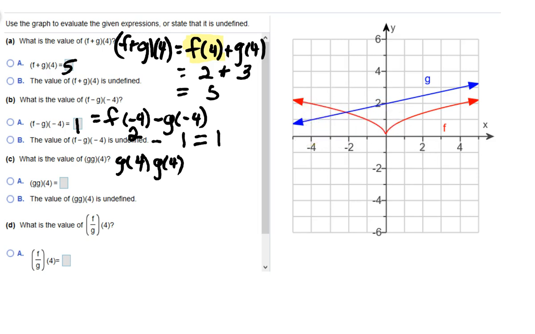We're going to use our graph. So we have an x value of 4. We're going to go up to the graph of g and over, and we've got a y value of 3. So g of 4 is 3. We're going to multiply those answers together to get 9.